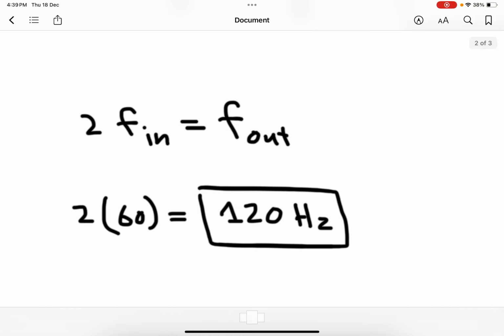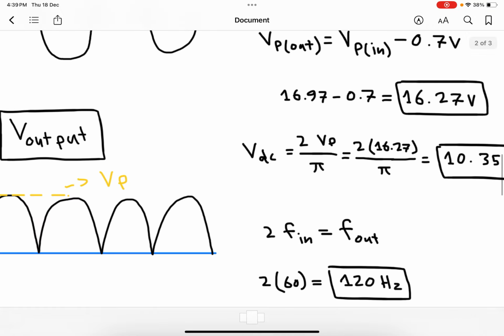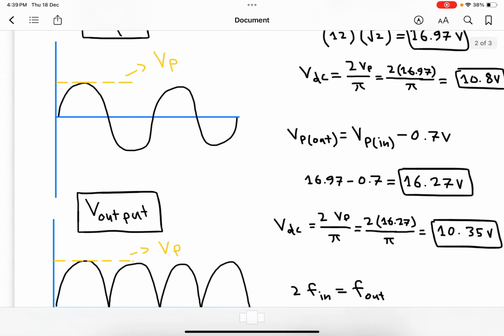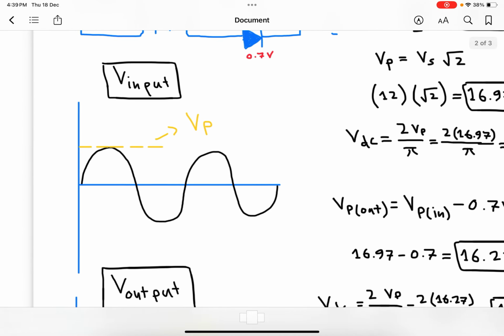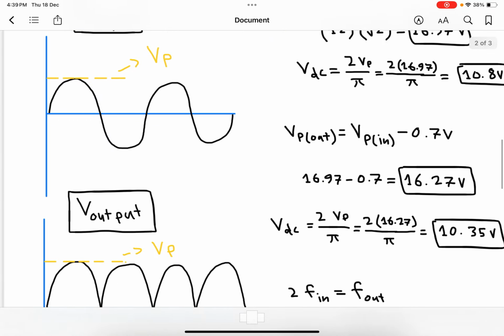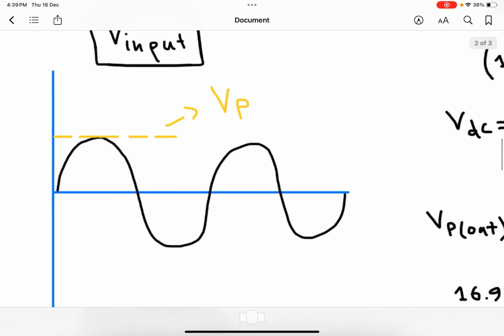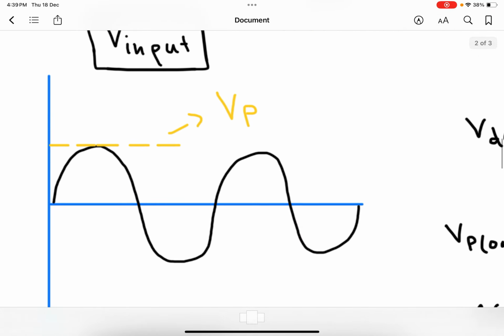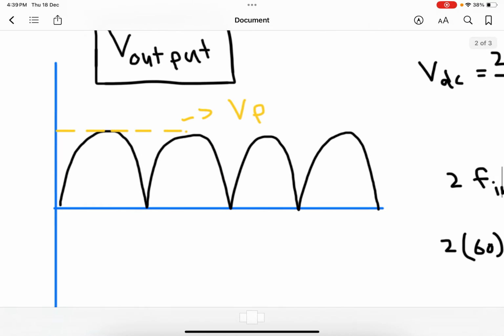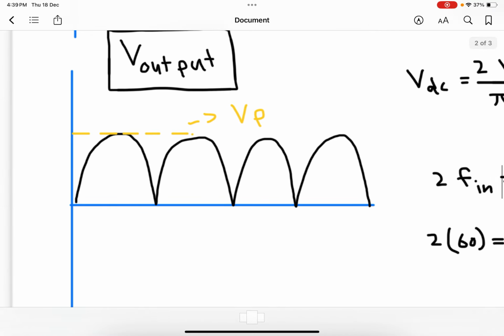It will be equal to 2 multiplied by 60, which is equal to 120 Hz. Now if we want to see the difference between the input voltage signal and the output voltage signal, as we can see, that's the input voltage signal and that is the output voltage signal.